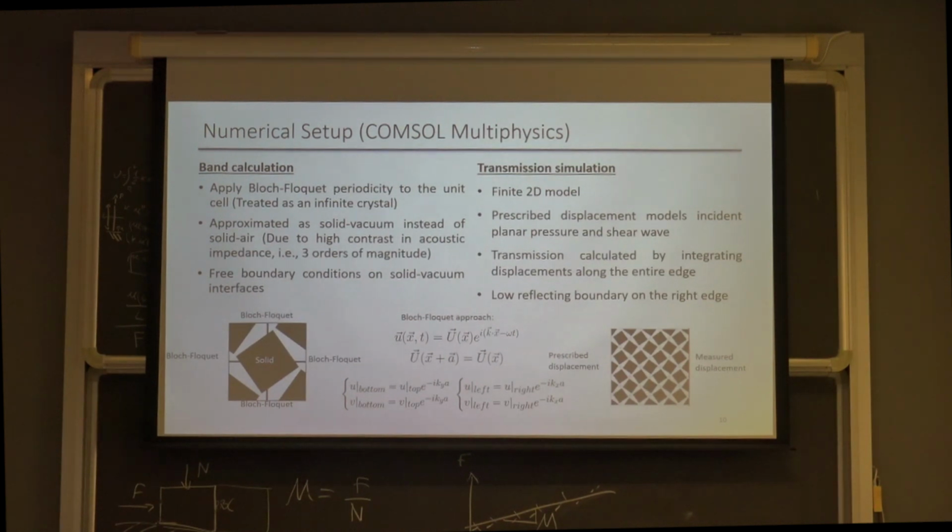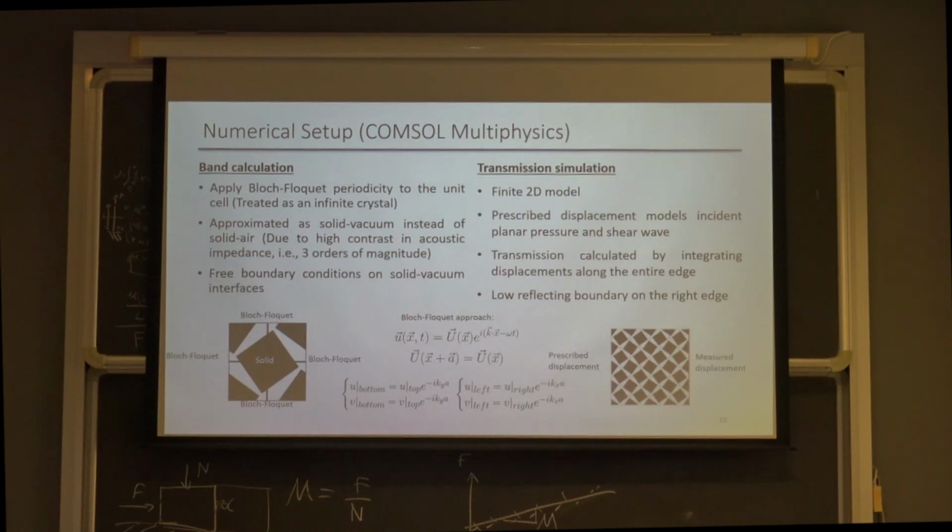And then we assume that the boundary between the air and the solid is actually solid to vacuum, because the contrast in acoustic impedance is about 3 orders of magnitude even for resins.